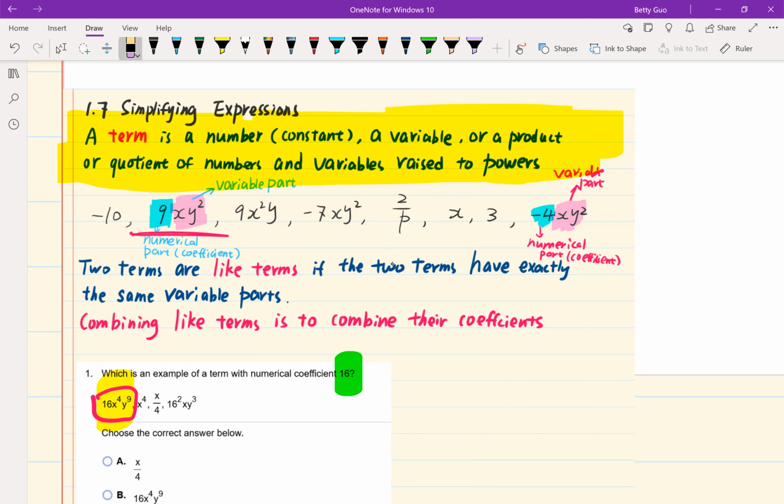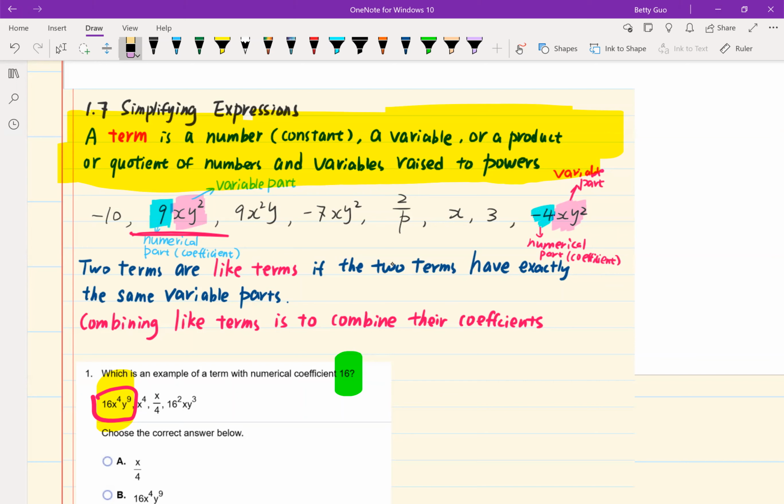Okay, if we have a term, then for the term there are two parts, the numerical part and the variable part. Now we're going to see how to identify the numerical part and the variable part for a given term. Let me repeat it. Numerical part and variable part for a given term. The numerical part is also called a coefficient.